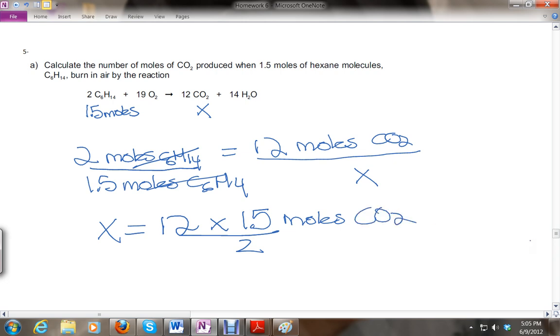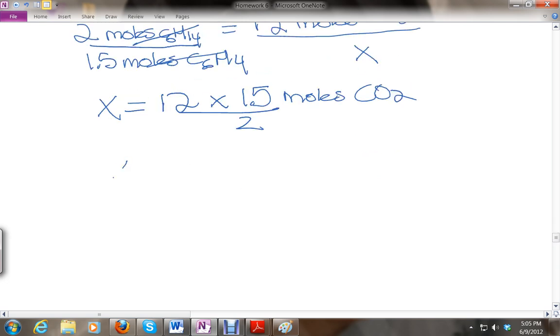This number is going to give you 9.0 moles of CO2.